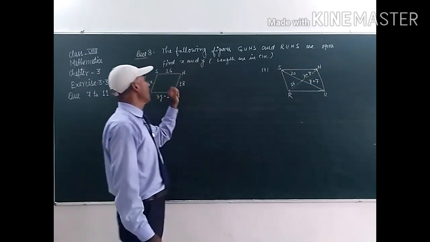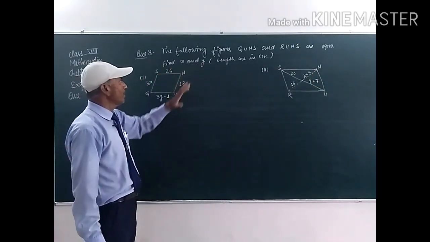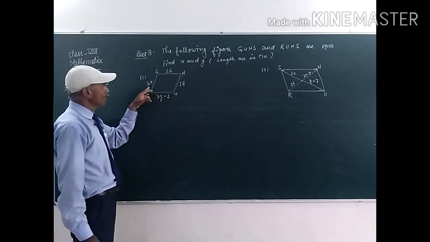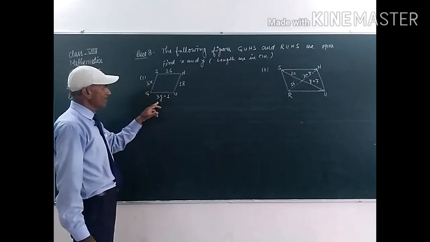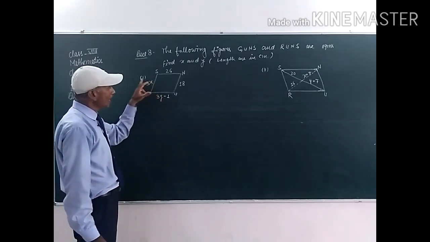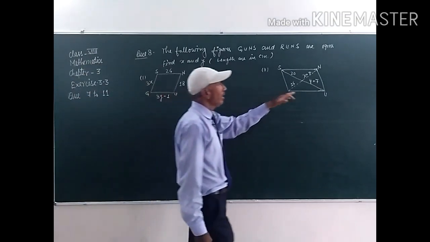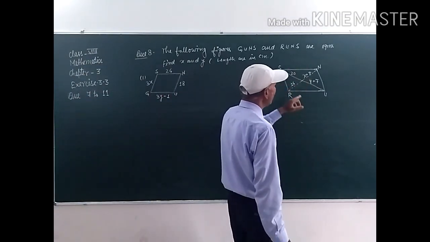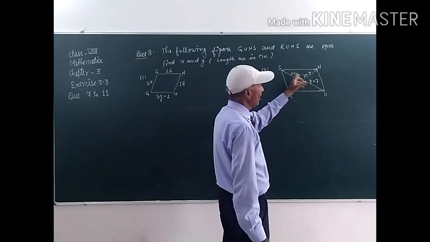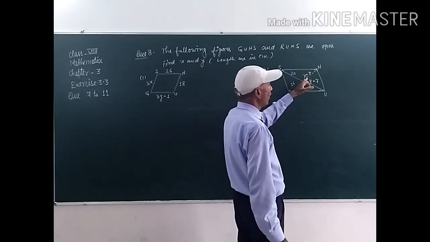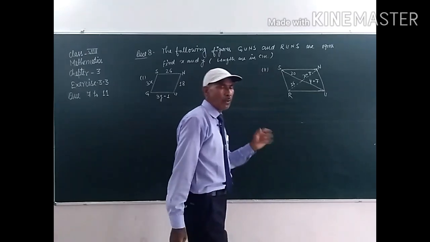These are parallelograms. Find x and y. In this figure, student, it is given here 3x and 3y minus 1. So we have to find out the value of x and y in this. And again in this figure, student, the lengths of diagonals are given here. From this we have to find the value of x and y.